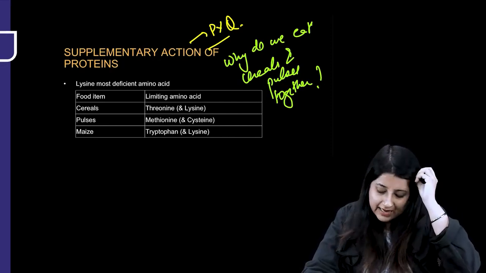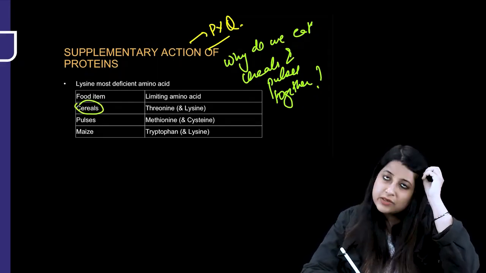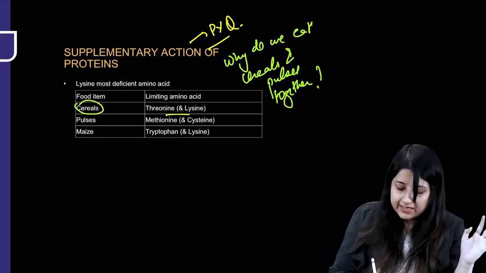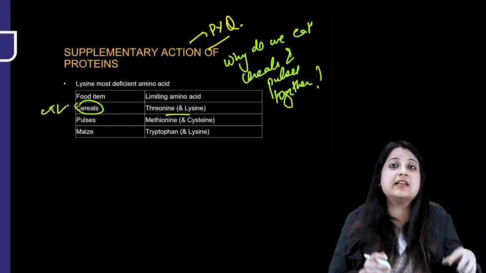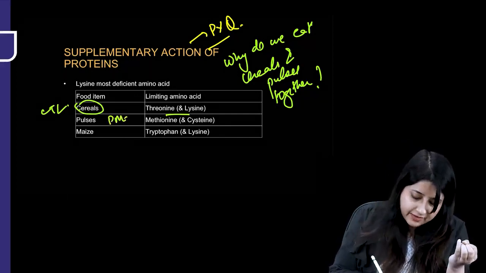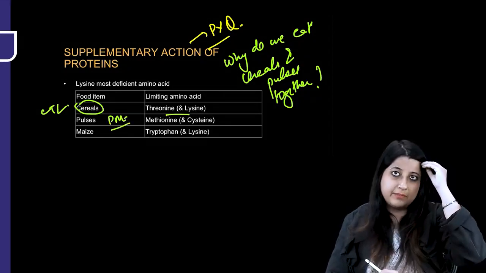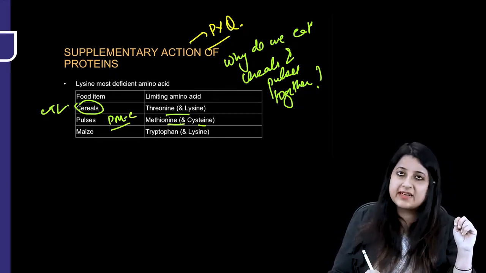Now what happens? The cereals are deficient in which amino acids? Threonine and lysine. How had we learnt it? CTL. It's deficient in threonine and lysine. Pulses, more important, you have to remember PM, Prime Minister. Pulses, methionine and cysteine, so PMC. Maize, tryptophan and lysine.